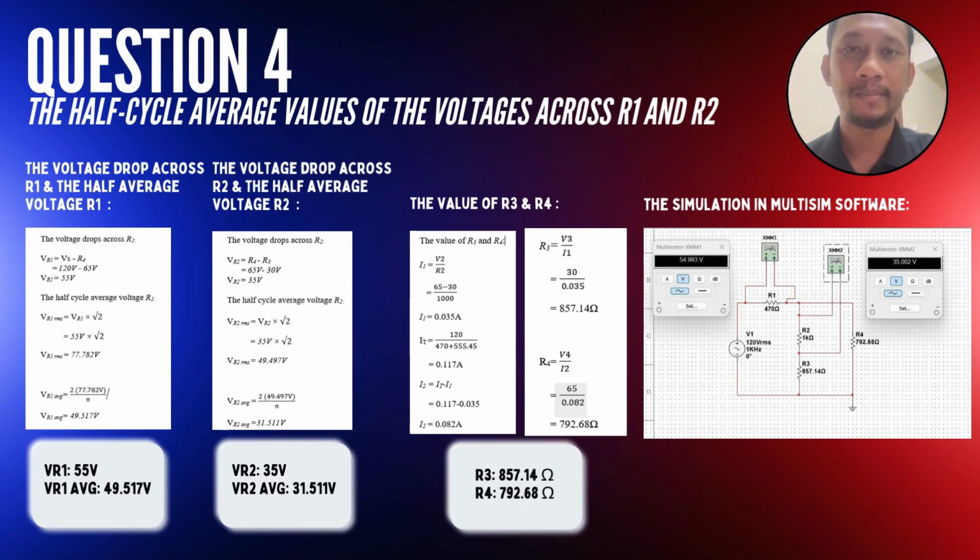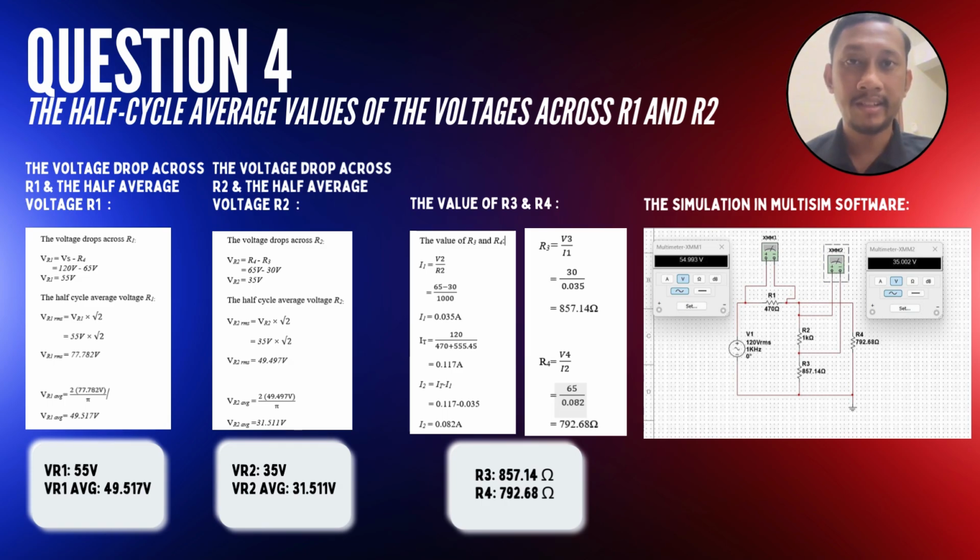This method is particularly valuable for evaluating asymmetric waveforms or understanding the behavior of a system over a limited period of time. This slide presents the circuit diagram under consideration. We have a simple resistive circuit with resistors R1, R2, and R3 connected in series.